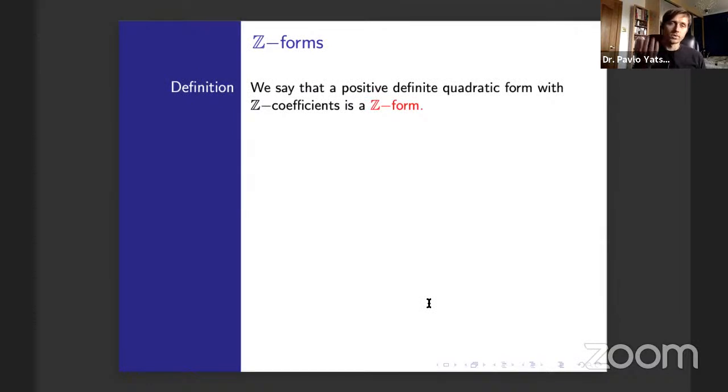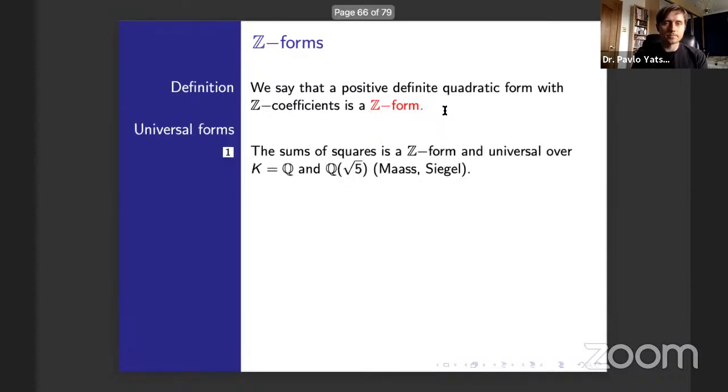So we take a form with integer coefficients, which we're going to call a Z form, and ask when it is universal over a given number field. An example of this is exactly the sum of squares, because the sum of squares is a Z form, and we know it's only universal over the rational integers or over Q adjoin the square root of 5.